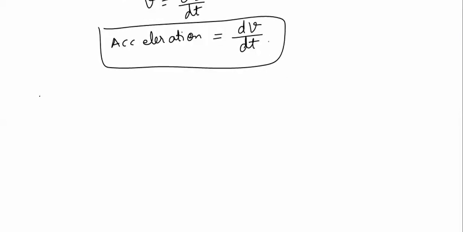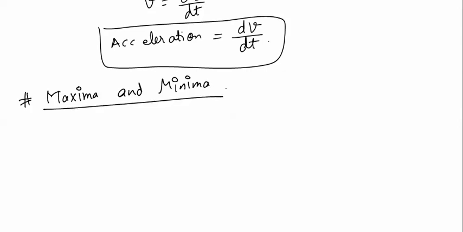Then you have an application in terms of finding out the maxima and minima value, right? We know we have already studied this in earlier standards. Very simple logic. For example, steps. How will you find out?